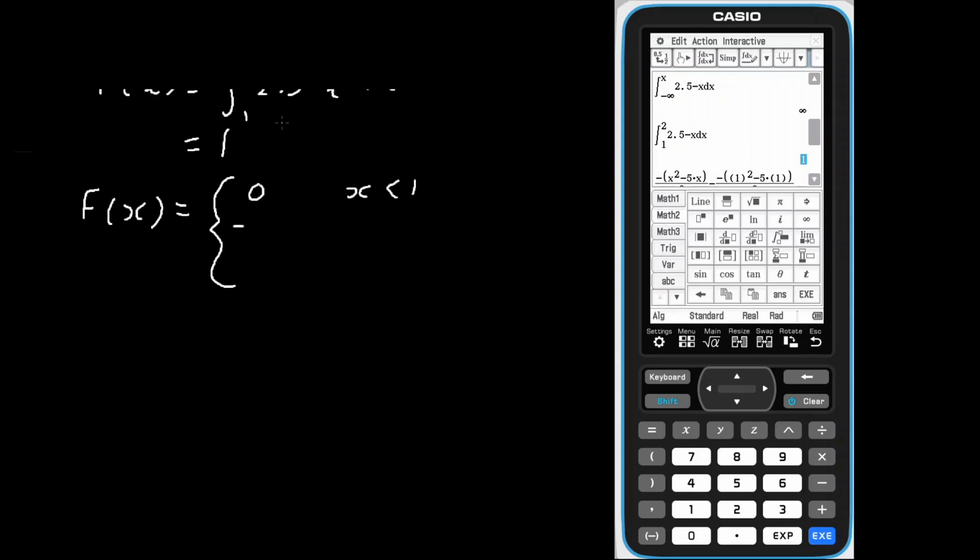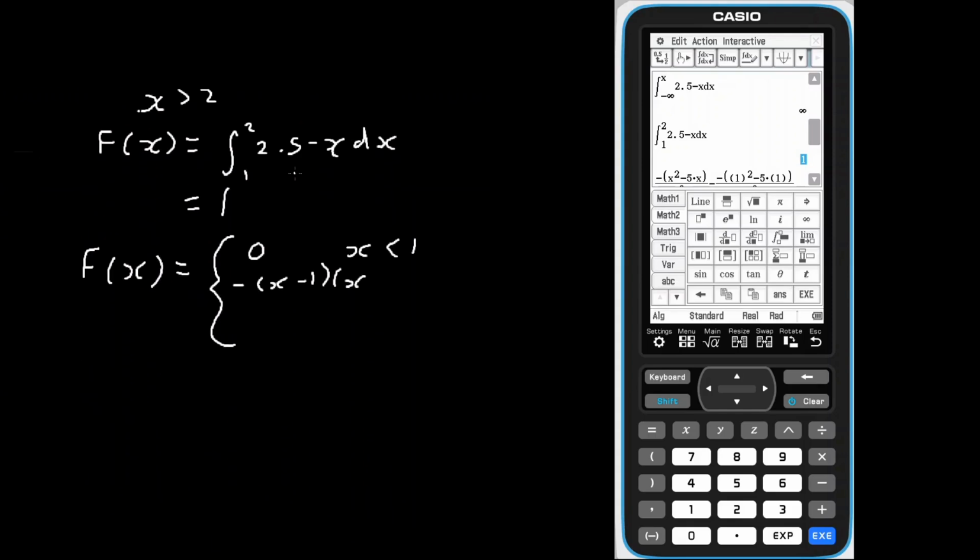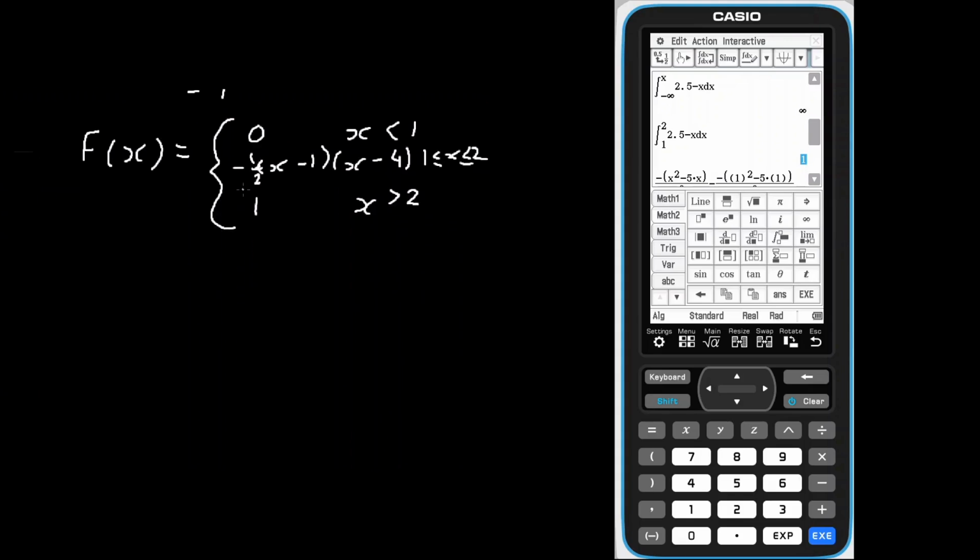So that's going to be minus (x minus 1)(x minus 4), for x from 1 to 2, and I'll also put a little divide by 2 at the front there. And it's always going to be 1 for x greater than 2. Okay, that's it. That's part D.